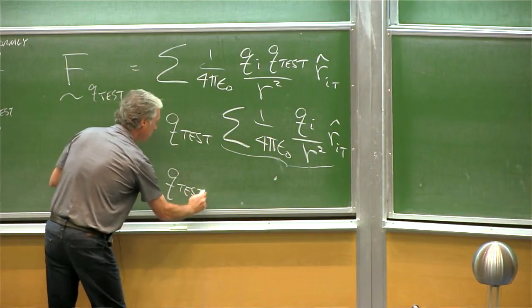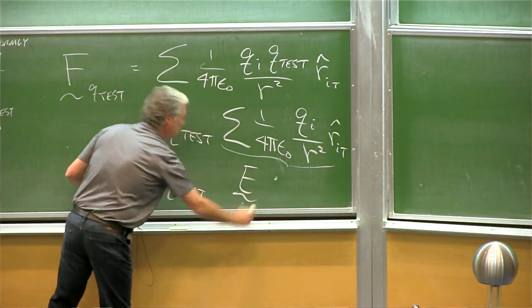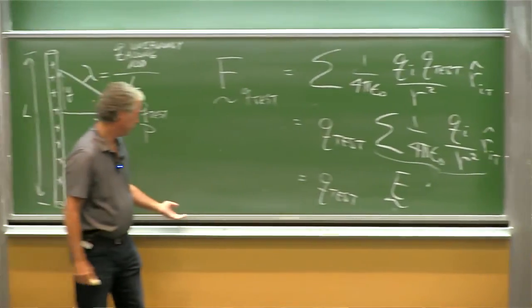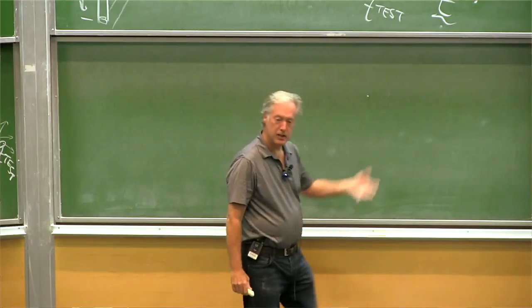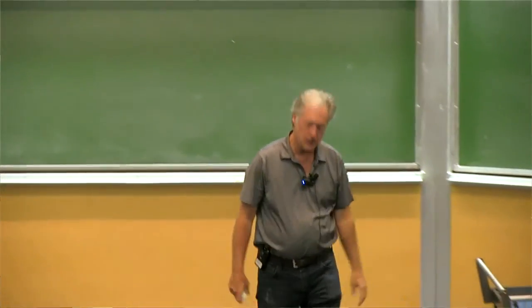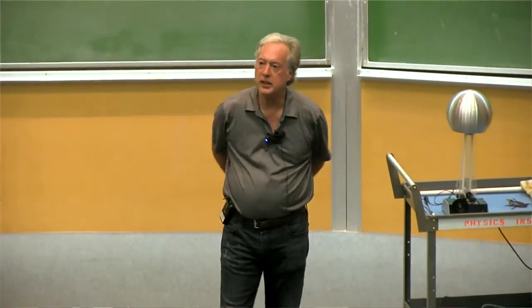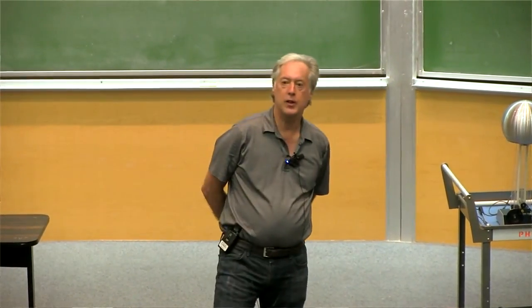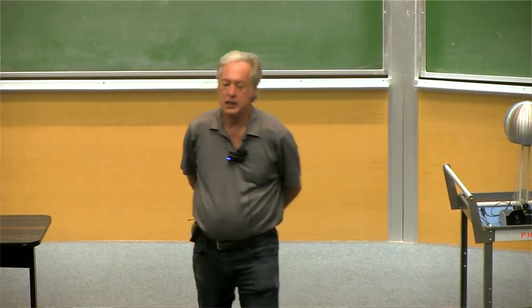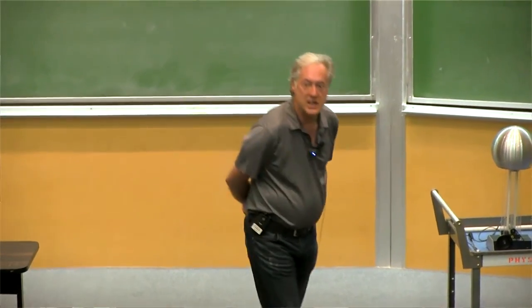And then I want to figure out what it means. And then we'll go back and look at that diagram at point P again. F equals Q test times E. E is for electric field.